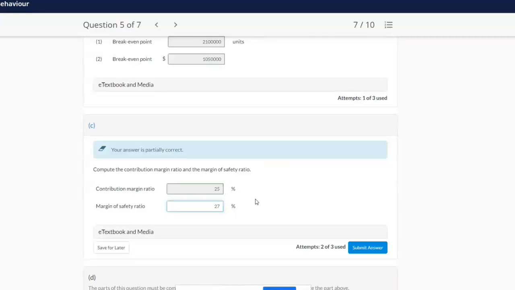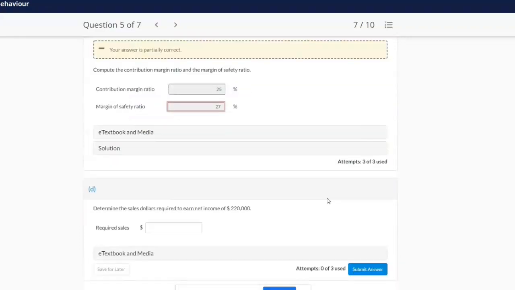Okay, let's move on to the next question. That's because the margin of safety is something we haven't done. What I want to do is the high-low with you, and that's the next question. Determine the sales dollars required to earn net income of 220. Forget that. That is for next class.